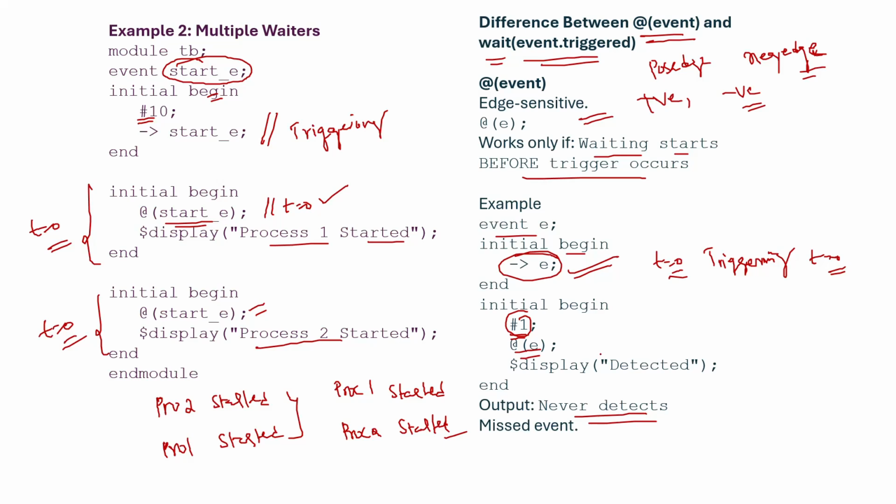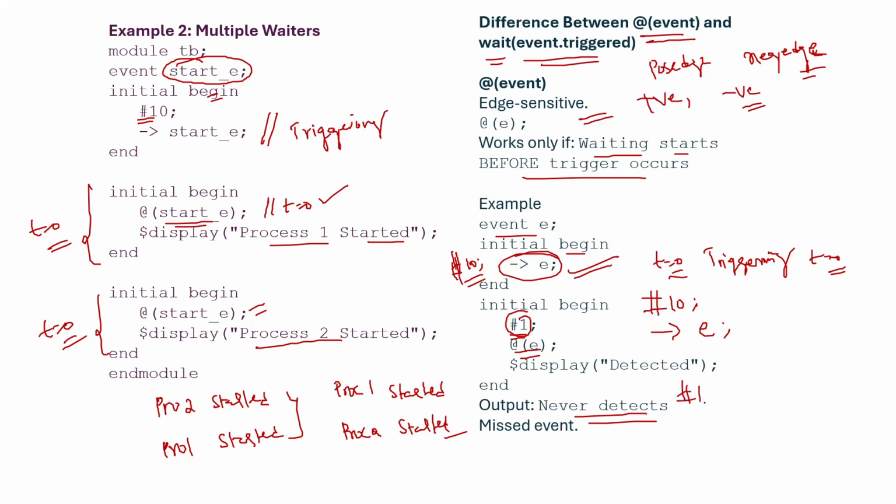Now, this event occurred at what is the hash delay? Some 10 seconds delay. Is it getting the output here? Okay, never miss the event, right? Because the triggering happens at a 10 seconds delay. So the triggering is happening at hash 10. After that the event is triggered.